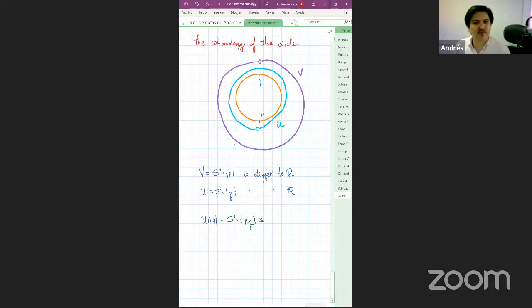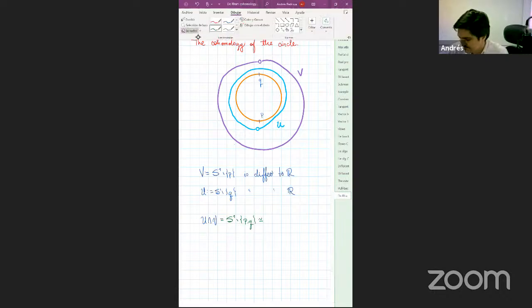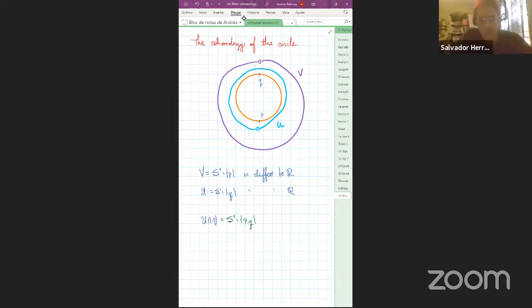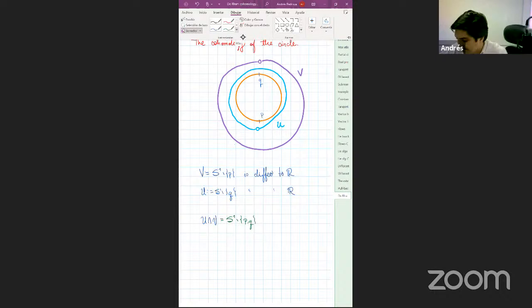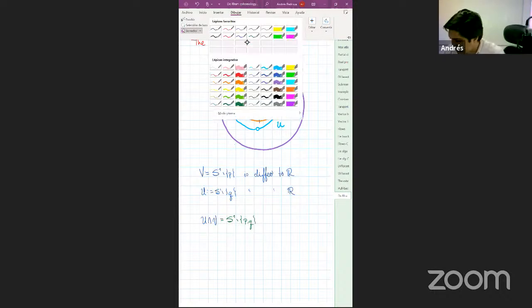And this is diffeomorphic to what? Whatever minus a point. Okay, I agree with that. Yes.